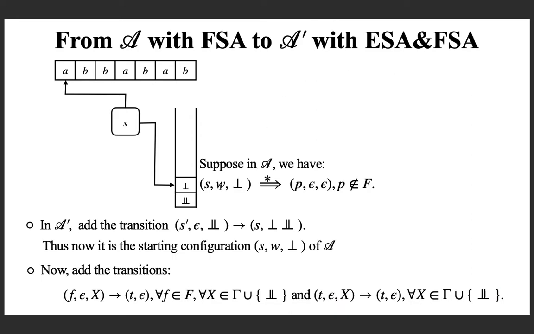Suppose the input string W was rejected by the original machine by entering a non-final state and emptying the stack. What will happen in the new machine? Because it finished in a non-final state, by final state acceptance this is not accepted.